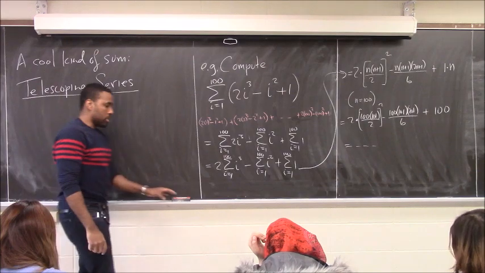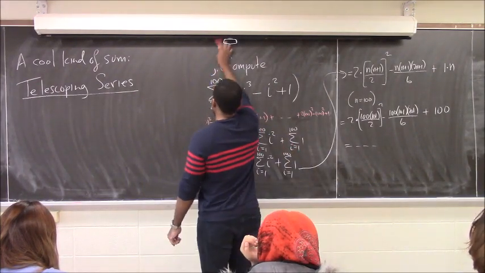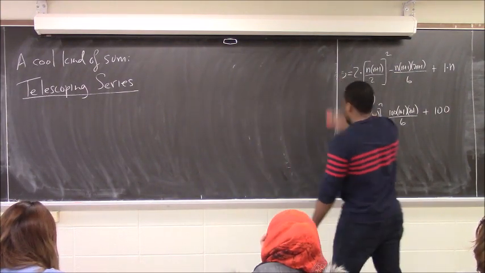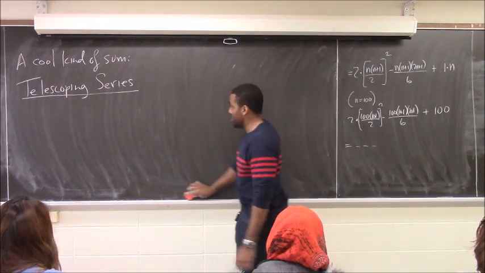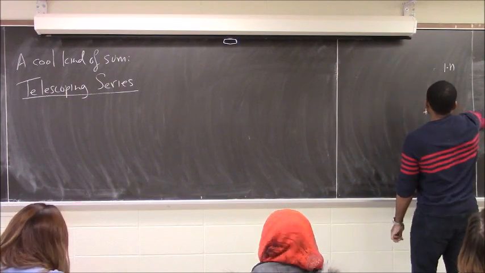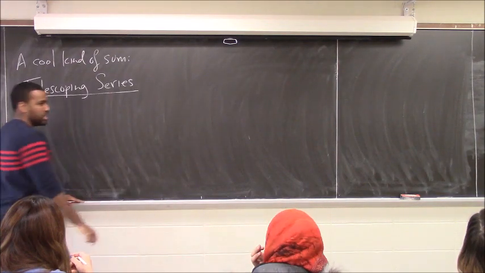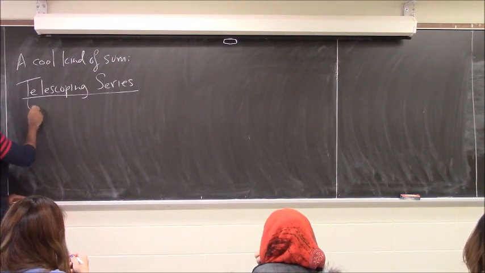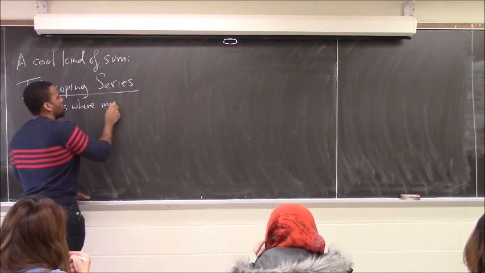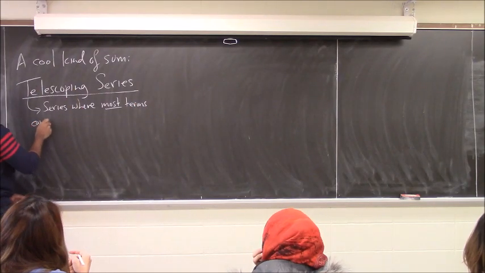And basically what a telescoping series is, it's a series in which, when you start adding the terms, you realize that a lot of them, in fact most of them, cancel themselves out, so you don't actually have to add as many terms as you thought you had to add. So sometimes you have a thing that you don't really have a nice formula for, but it turns out you didn't really even need that formula in the first place. So these are series where most terms cancel themselves out.